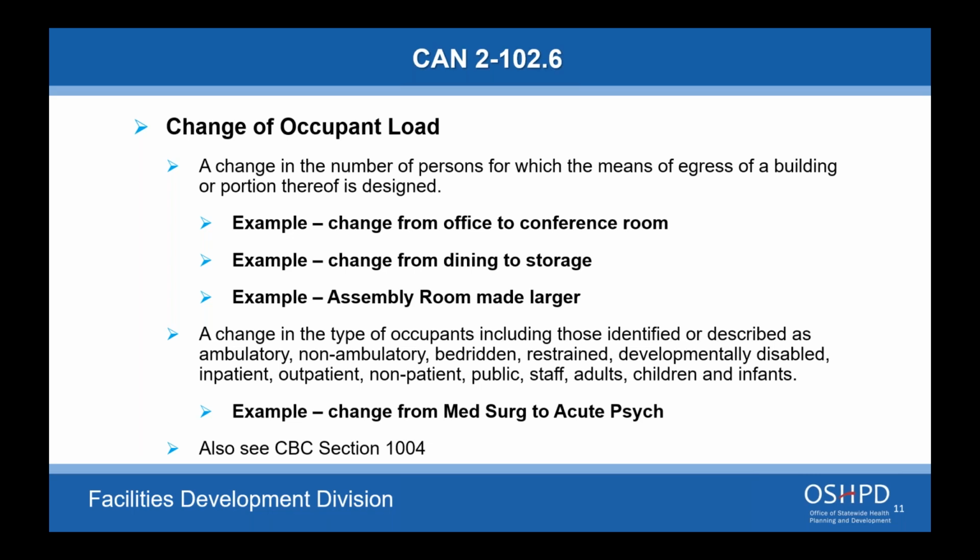If you're going from a med-surg unit to an acute psych, you're still doing a patient ward to a patient ward, but the requirements for acute psych patients is significantly different from the med-surg patients. So all those things need to come into play and be applied to your new project.